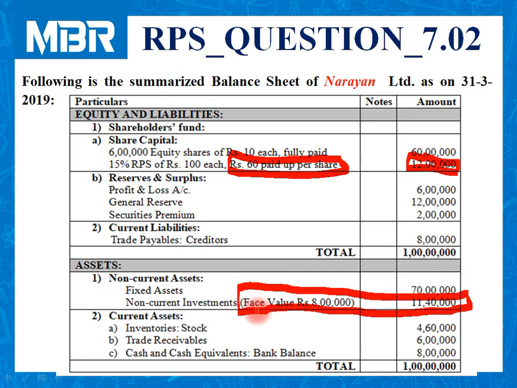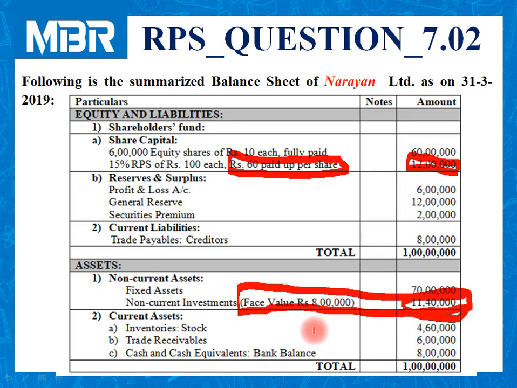In the bracket, the face value or nominal value of the investment is given, and it is rupees 8 lakhs, and the cost price is given as rupees 11 lakhs 40,000. It is the very first time in this chapter, so take care of this adjustment very carefully.